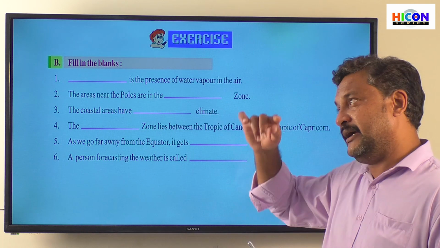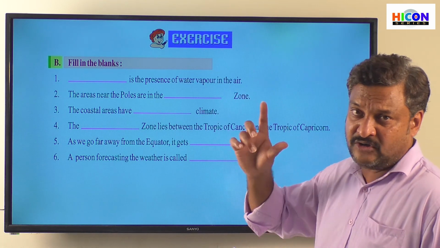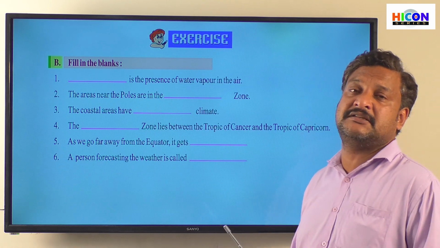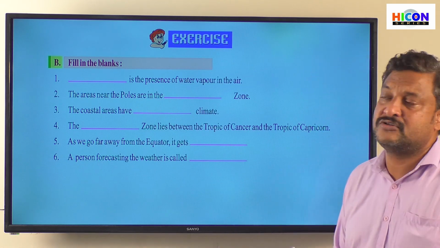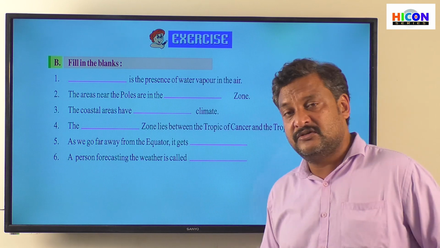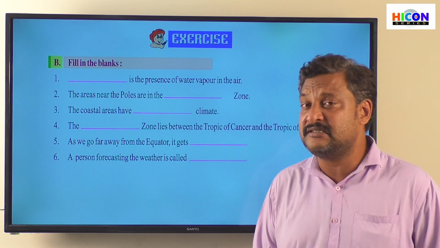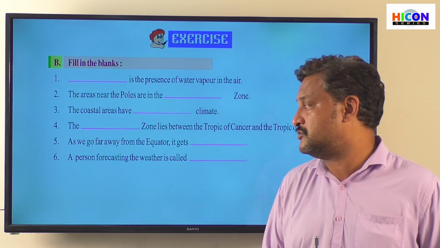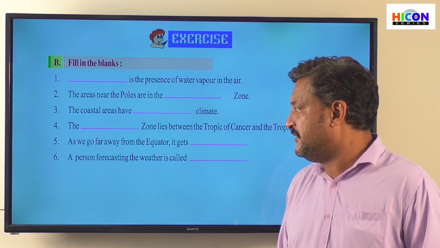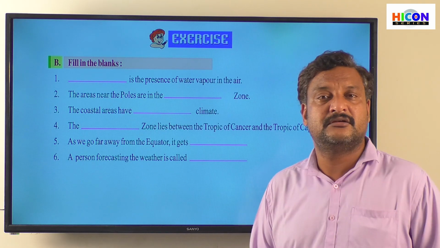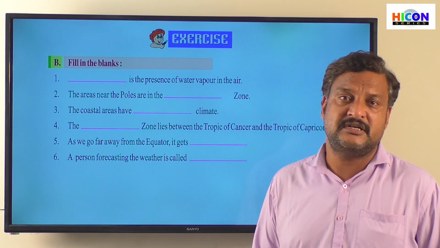The zone that lies in between the Tropic of Cancer and Tropic of Capricorn, which passes through the equator, is known as the torrid zone. So, what is the zone that passes through equator until the Tropic of Capricorn and the Tropic of Cancer? Torrid zone. As we go away from equator, it gets cooler, isn't it?